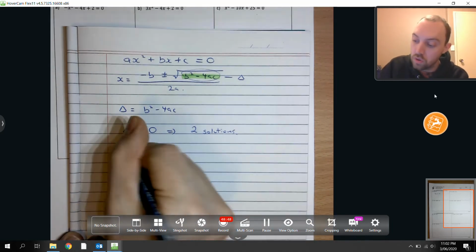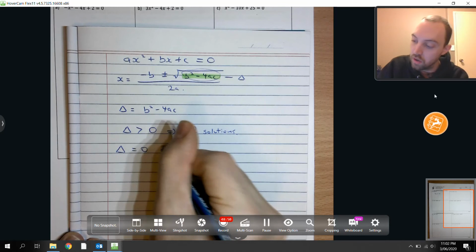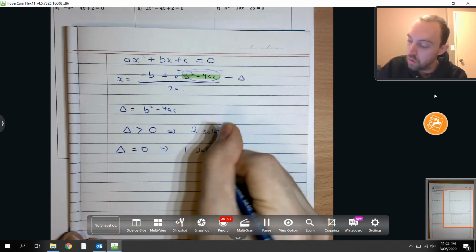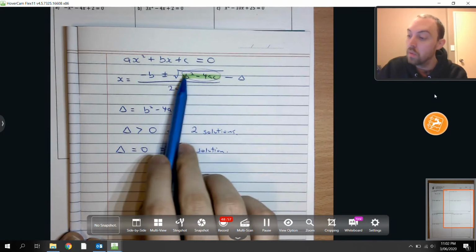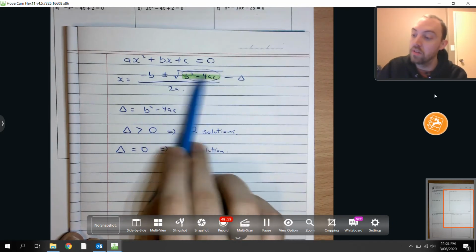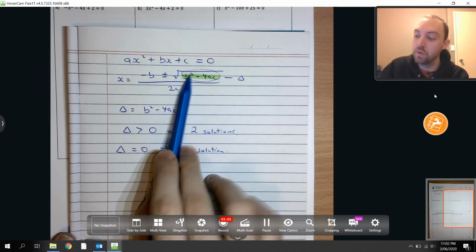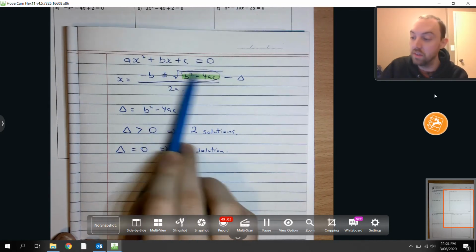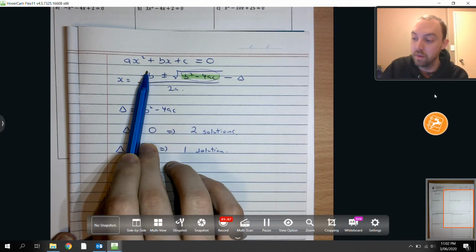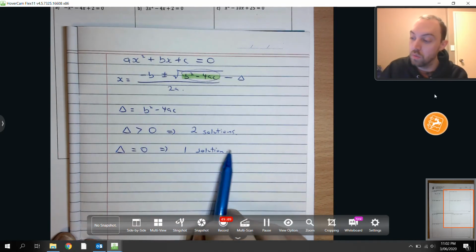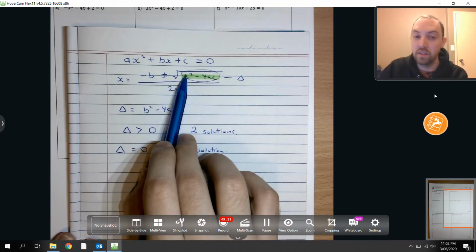When your discriminant is equal to 0, then you have one solution. When the number under the square root is 0, you can only have one solution because plus or minus 0 doesn't change the rest of it. Only one solution when that number is 0.